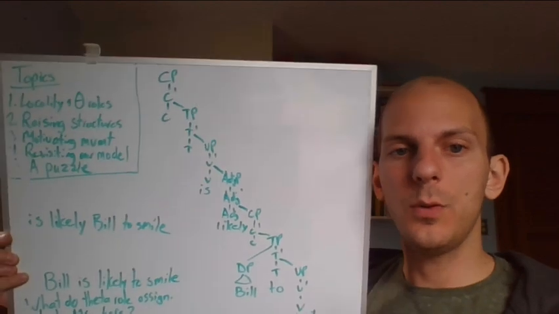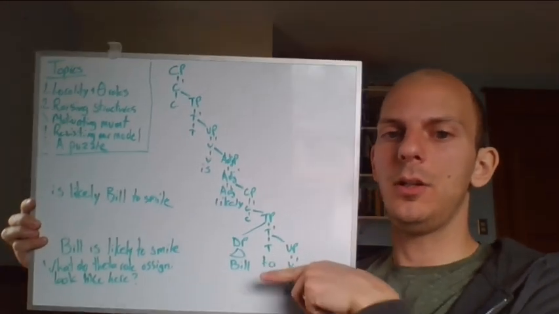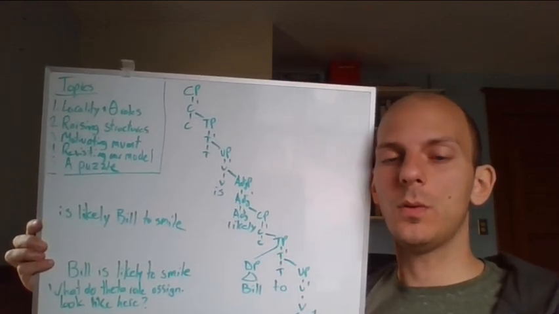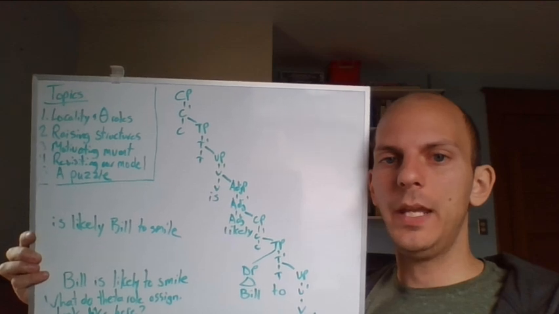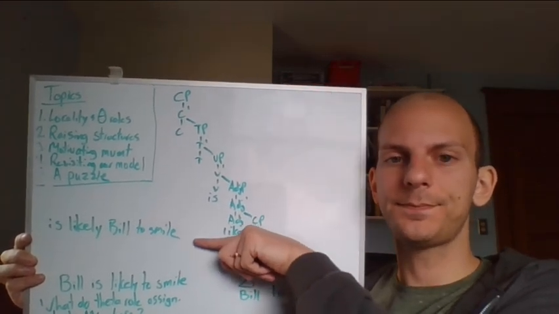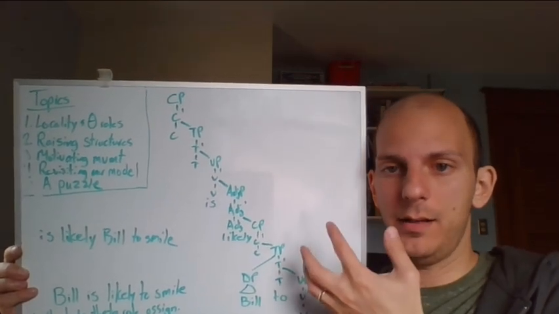Bam. So now we've generated all the words. We have this, right? Is likely Bill to smile. Cool. And we see here again that in this unwrapped version, all the theta criterion is met here.